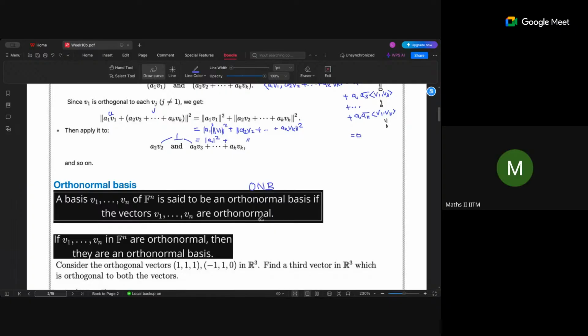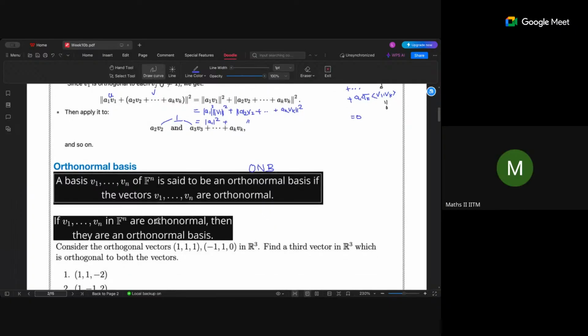Okay, so if v1, v2, ..., vn in Fn are orthonormal, do you know that they are already linearly independent? Yes, so you have n linearly independent vectors in Fn.